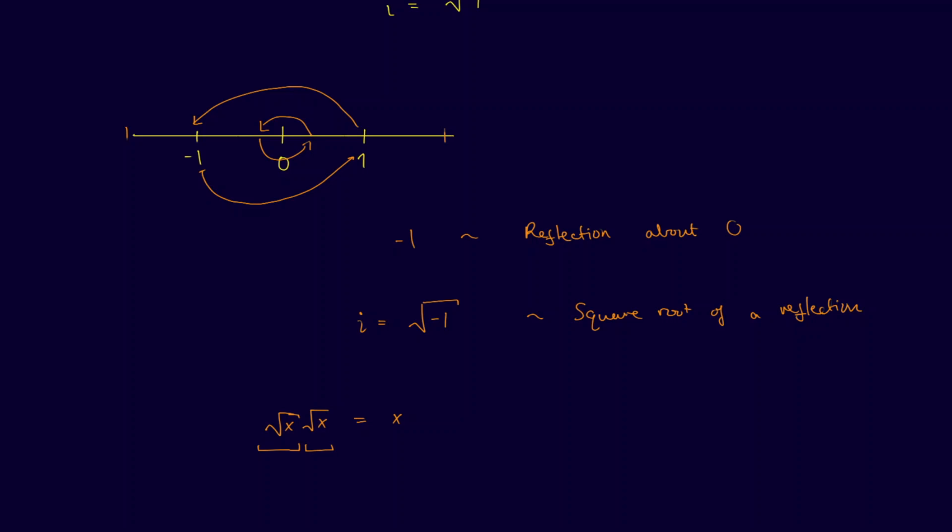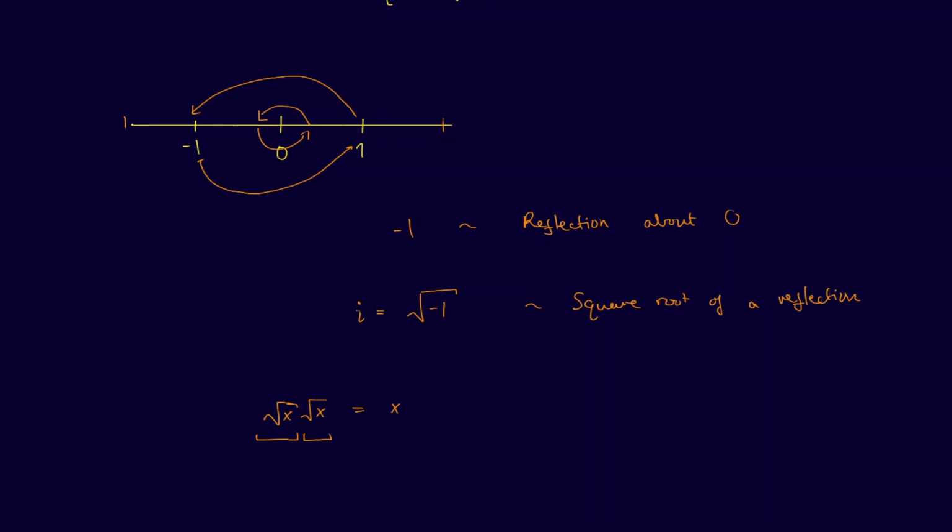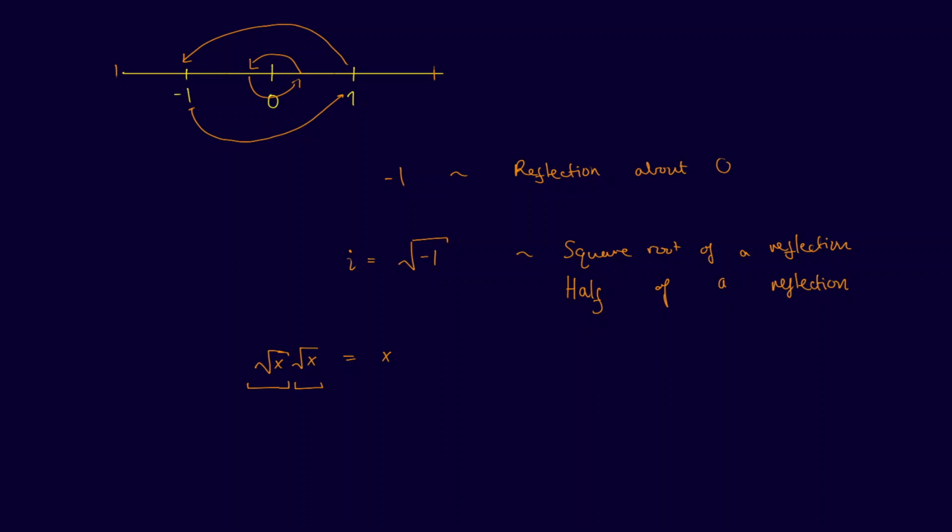So what does that mean in the context of the square root of -1? Well, I want something that is essentially kind of half, not in the sense of addition, but half in the sense of multiplication, half of a reflection. So i, or the square root of -1, is all about half a reflection.